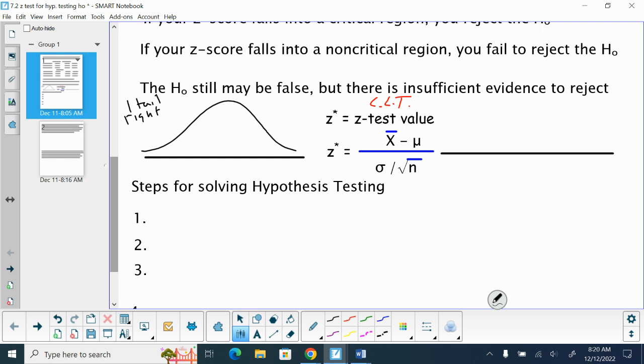If we look at a one-tail right, what will happen is your critical value will go here. It's going to go on the right side of the bell-shaped curve. We have two regions. We have a non-critical and we have a critical region.